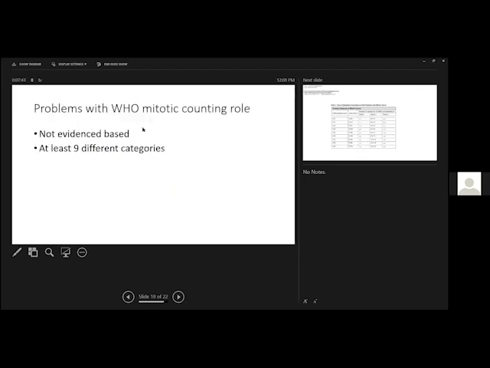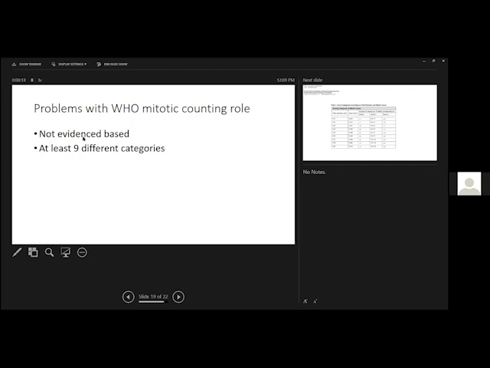And this kind of recommendation from WHO, although it's a consensus and it's good to have some kind of consensus, there are 2 issues. Number one is this recommendation is not evidence-based. As I said in the previous slide, if we want to use the 1978 grading paper, we need to use 7 high power fields instead of 10.